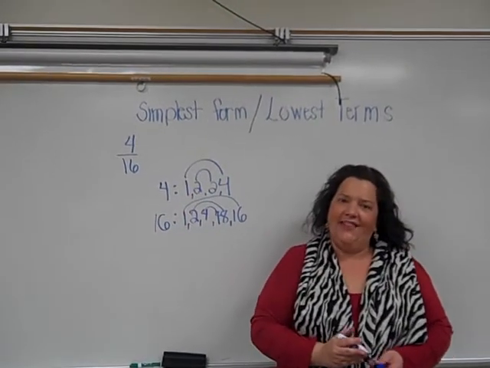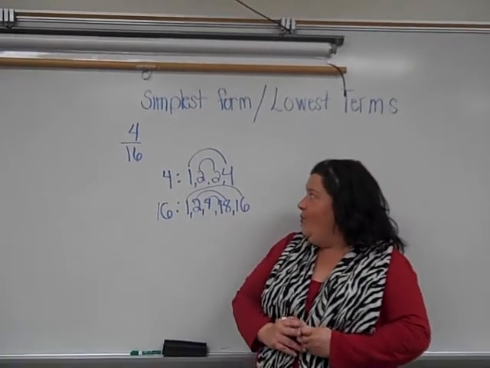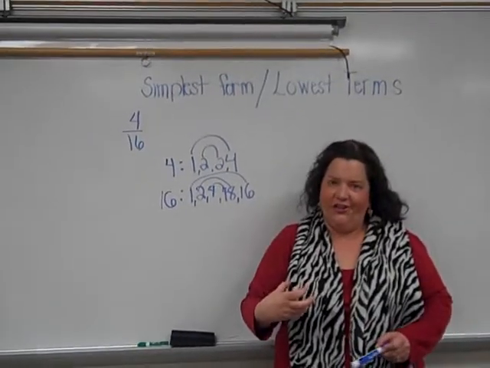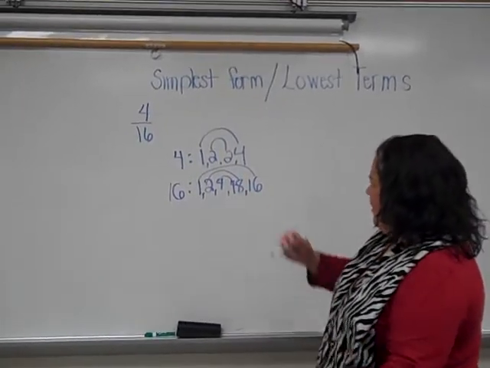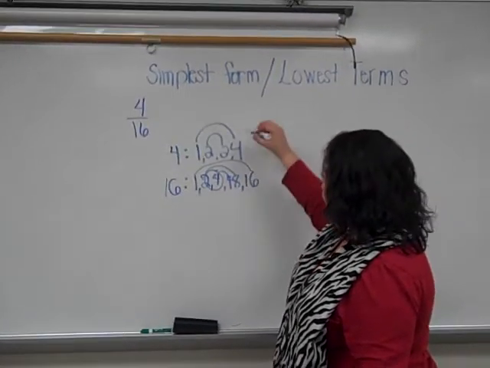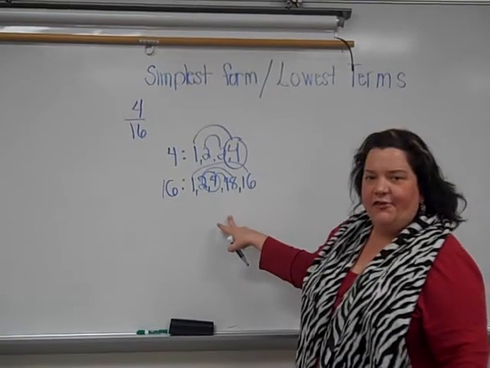Now, when we look at the common factors of 4 and 16, we're looking for the greatest common factor. So that would be 4. There's a 4 in this factor rainbow and a 4 in this factor rainbow.